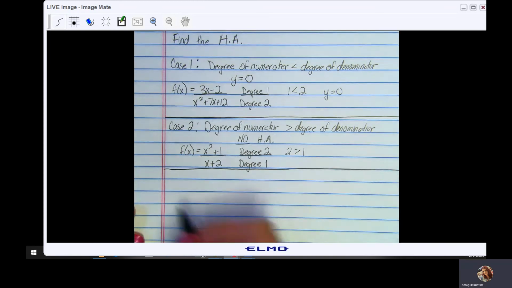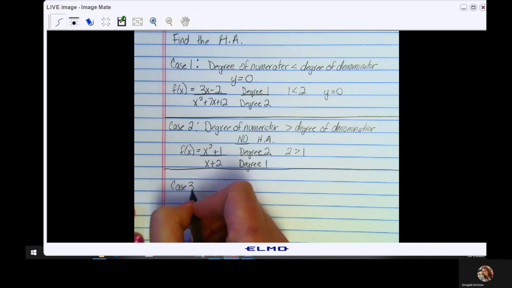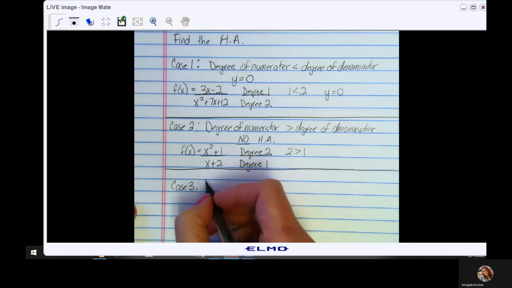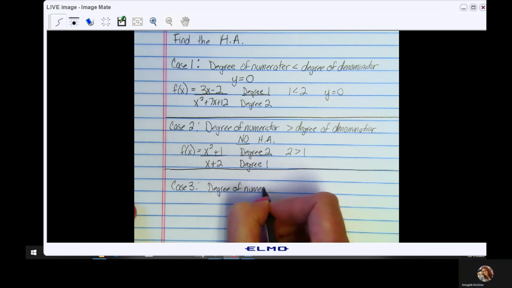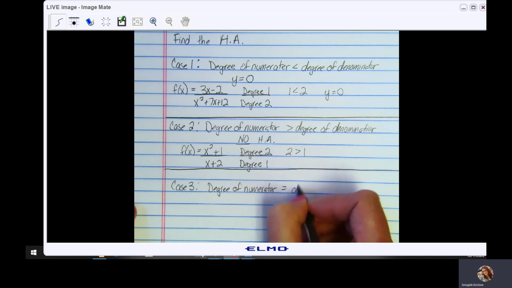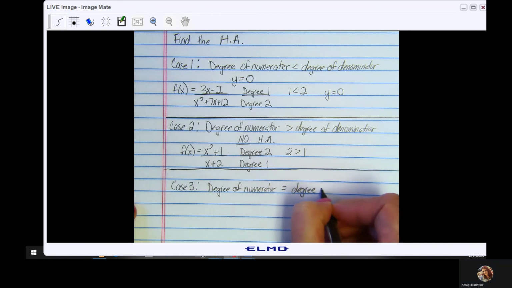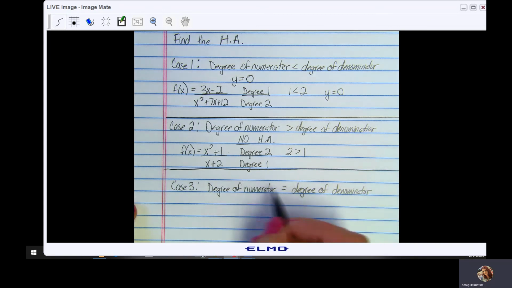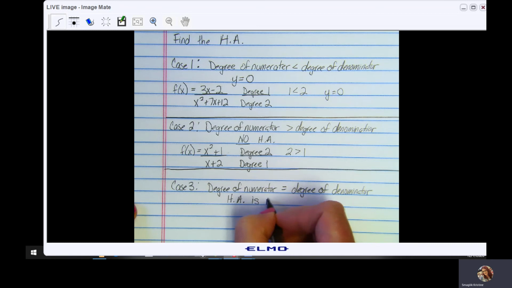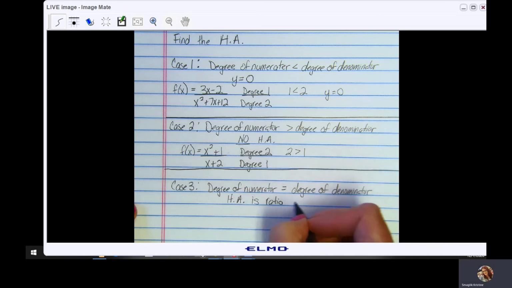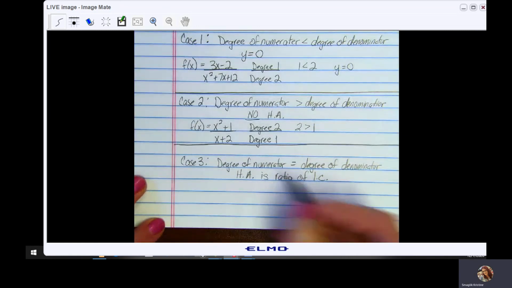And now let's look at case 3. We'll say the degree of the numerator is equal to the degree of the denominator. So if that is the case, your horizontal asymptote is the ratio of your leading coefficients. So let's do an example.